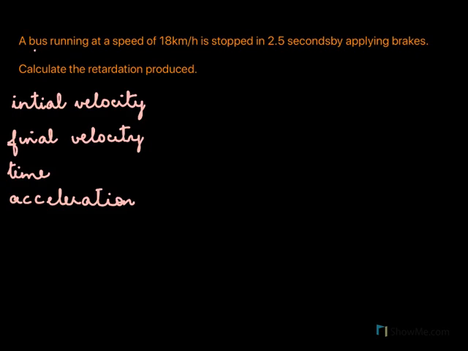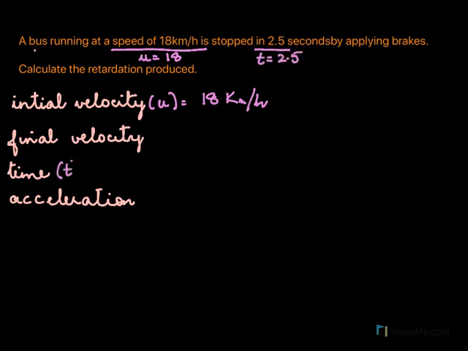A bus running at a speed of 18 km per hour is stopped in 2.5 seconds by applying brakes. Calculate the retardation produced. So it has an initial velocity u equal to 18 km per hour, and it is stopped in 2.5 seconds, so time t equal to 2.5 seconds.